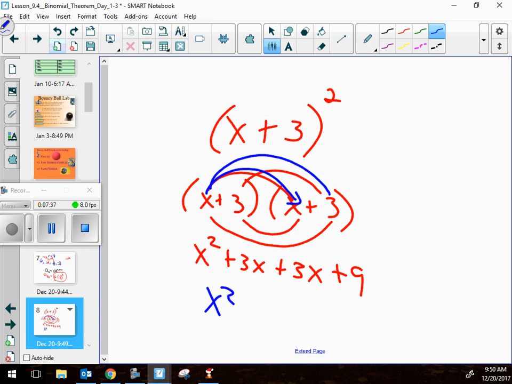X times 3, 3x. 3 times x, 3x. 3 times 3, 9. I'm still doing all the same parts. It's just a different order. Some of you are like, whoa, that works? Yep, that works. Okay. Now, we all would, I hope, agree that it's x squared plus 6x plus 9.